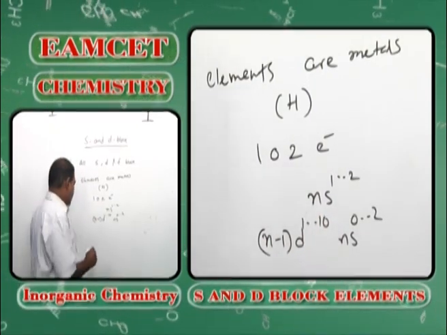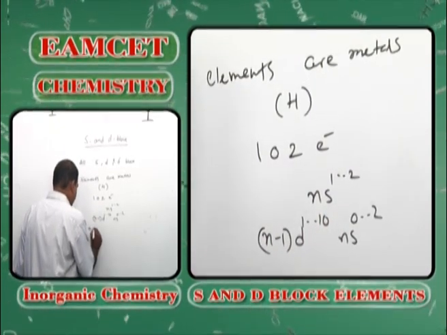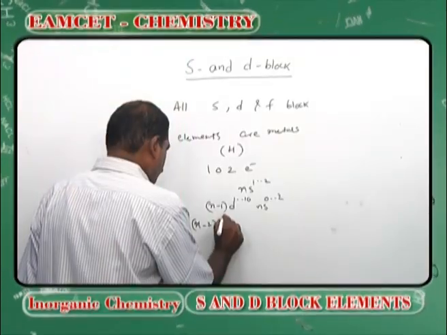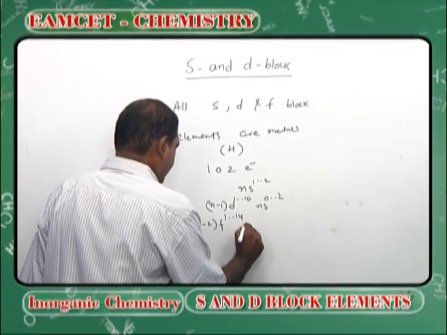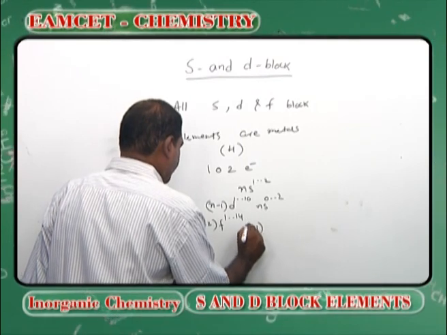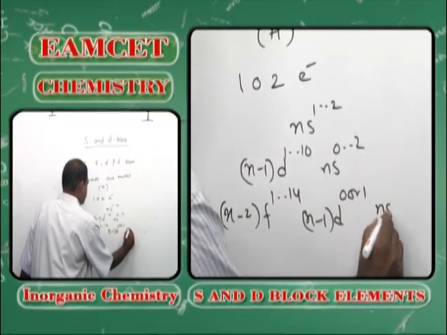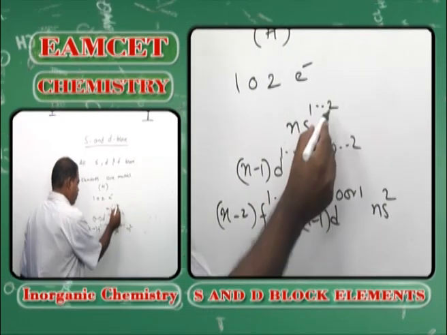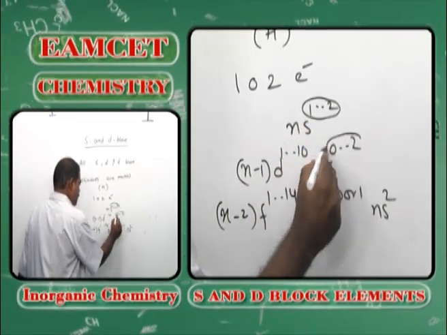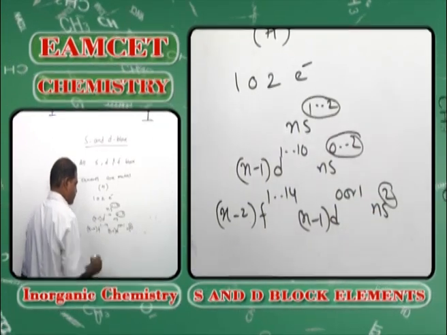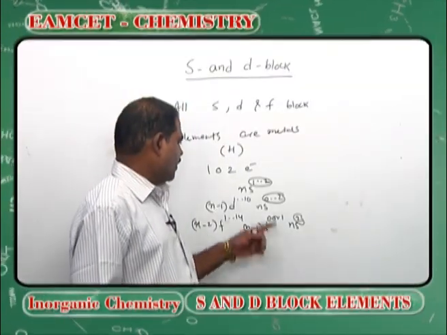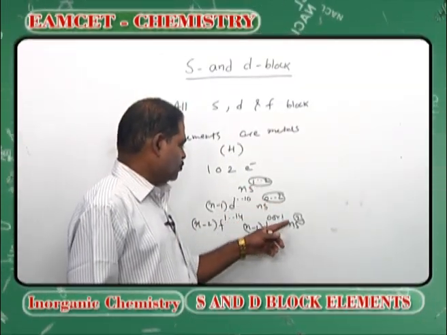For F block elements it is (n-2)f1 to 14 and (n-1)d sometimes 0 or sometimes 1, but ns2. What you should observe is that all of them have one or two electrons in their outermost shell.